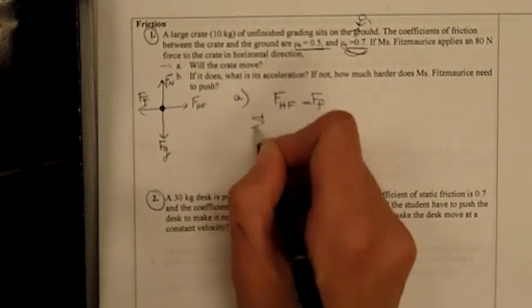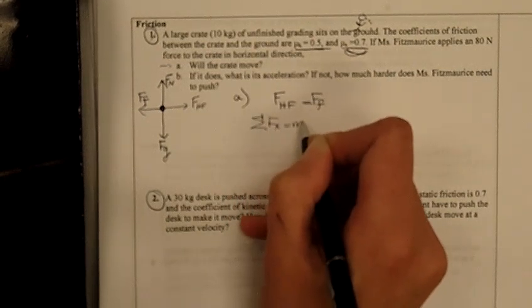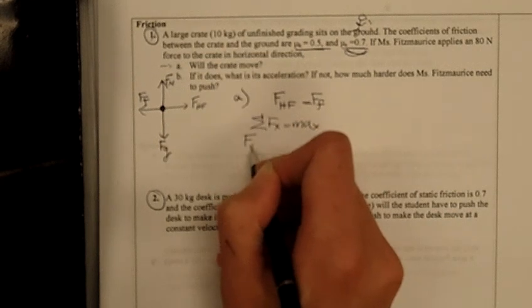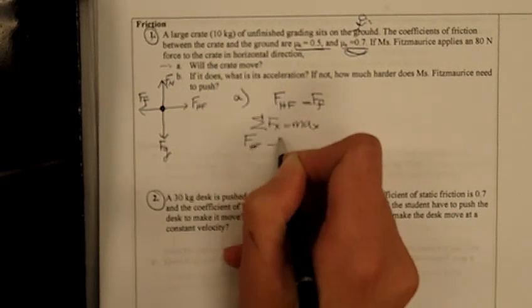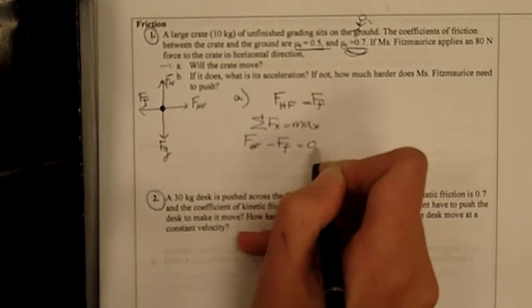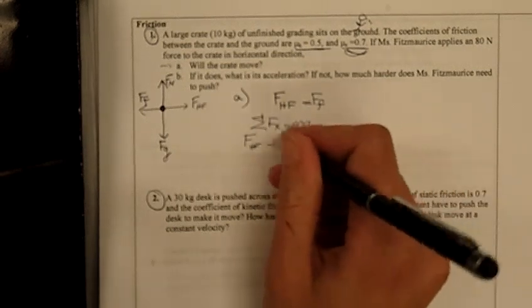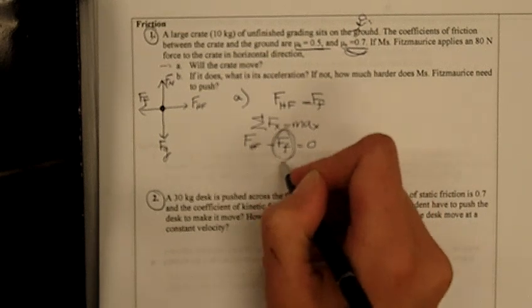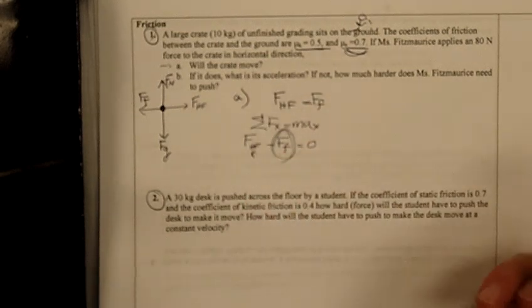Another way to write that is sigma Fx equals max. It's FHF, my force, minus Ff equals 0, and I need to know if this thing is bigger than this thing.